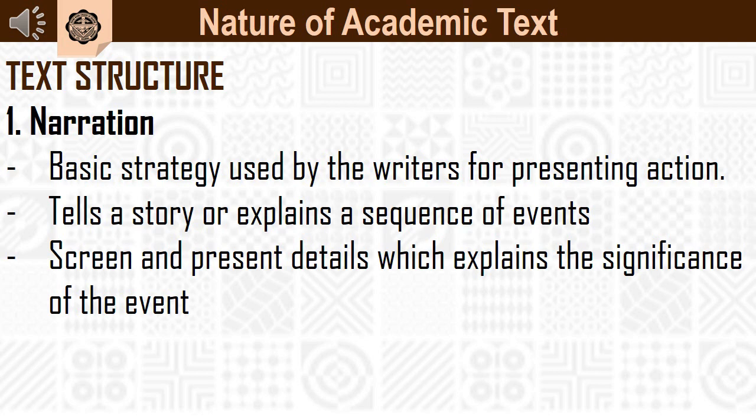Narration is a basic strategy used by writers for presenting action. It is used by writers for a variety of purposes: to illustrate and support ideas with anecdotes, entertain the readers with stories, predict what will happen with scenarios, and explain how something happens or should happen with process narratives.